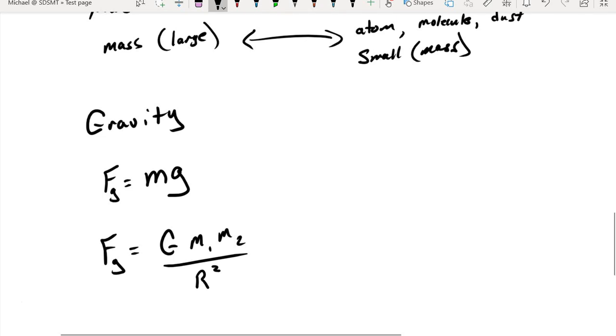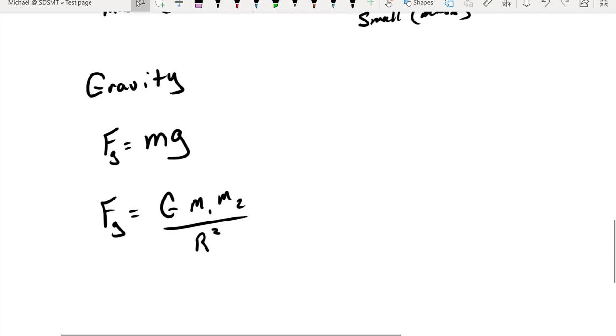And you should recognize this. This is Newton's universal law of gravity. And this describes the same gravity force, but in a more generic presentation, because this equation right here is only valid when we're on the surface of the Earth.